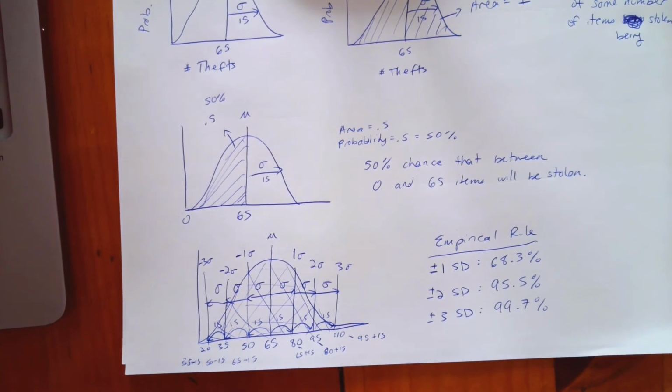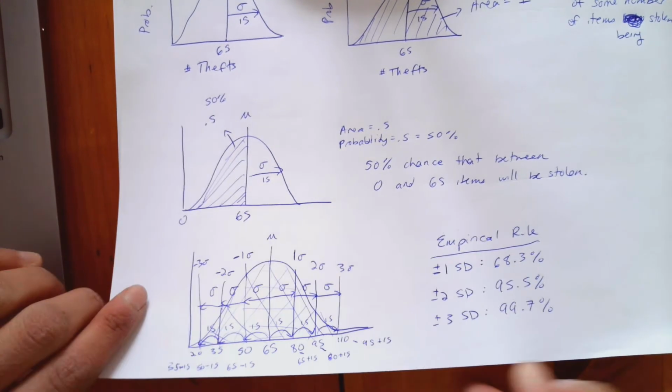So there'll always be a 68.3% chance that you're going to get an outcome between -1 and +1 standard deviations. There's always going to be a 95.5% chance that you're going to get an outcome that's between -2 and 2 standard deviations. And there's always going to be a 99.7% chance that you're going to get an outcome that is between -3 and 3 standard deviations.